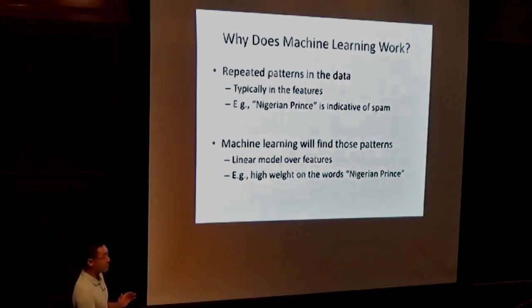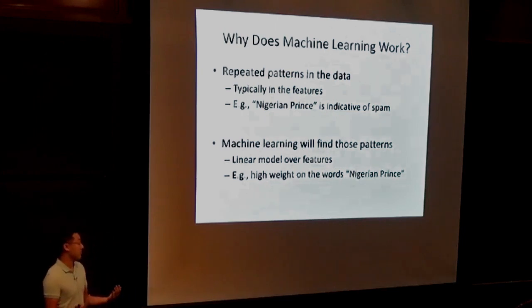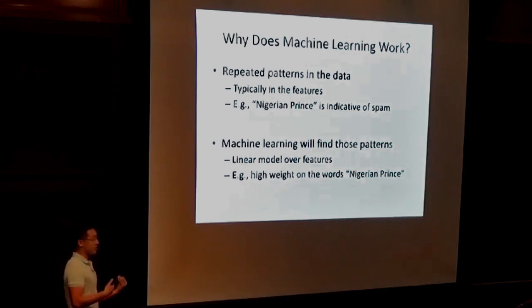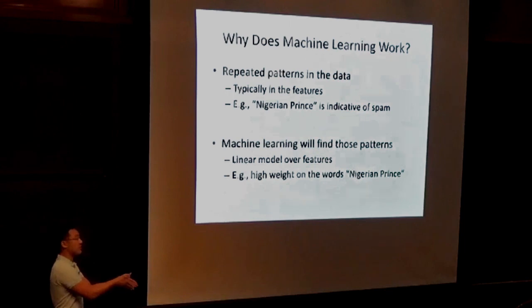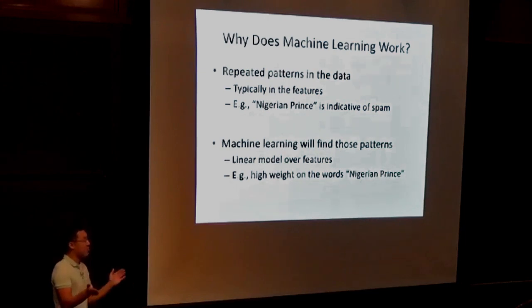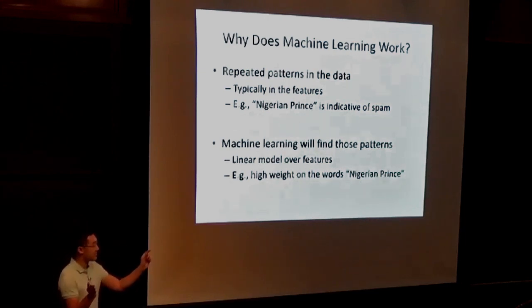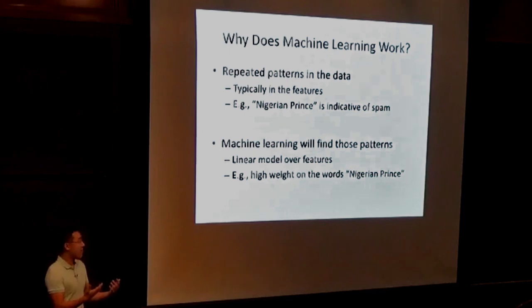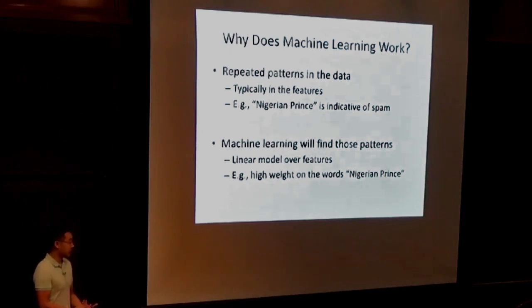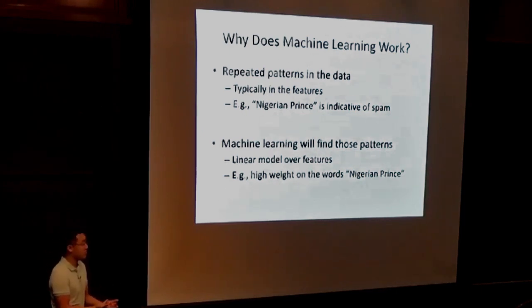And the bag of words representation basically destroys any notion of compound words. If Nigerian prince appears, it flags the Nigerian feature value. If prince appears, it flags the prince feature value. And if both appear, they flag both. But how do you know if they're appearing together in the text? The way you get around that is to use more expressive feature representations that include compound words in your vocabulary.